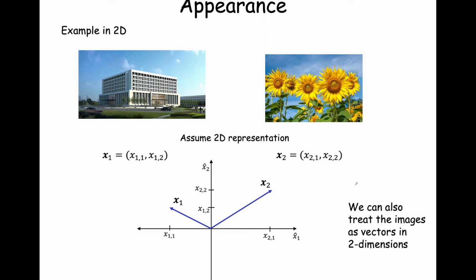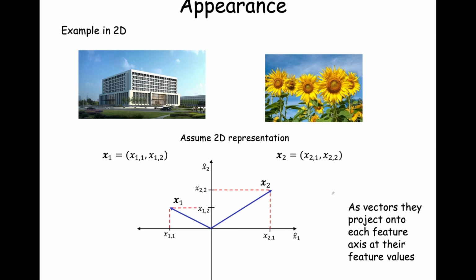And so you can also treat these images, if they're points in 2 dimensions, you can also draw a line between the origin and each point and treat them then as vectors in 2 dimensions. And so why do we do this? Well, because if you want to compare the content in images, now you have available to you the tools of vector algebra.